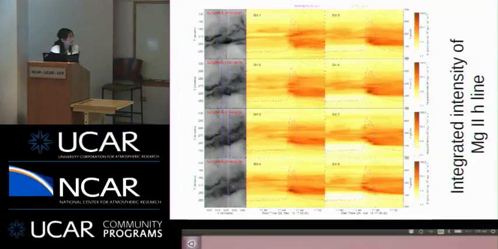To study the flare in all 8 slits, here we show the intensity of the magnesium II H lines in all slits. We can see that the intensity increases at this time, and we can also see the movement of the ribbons, as the intensity increases at different times.